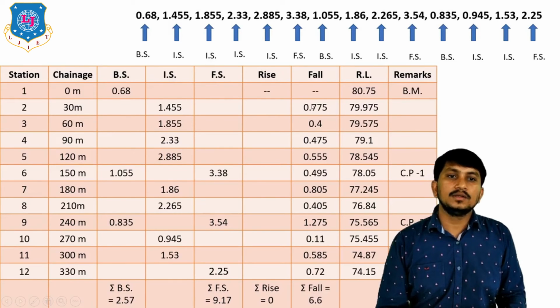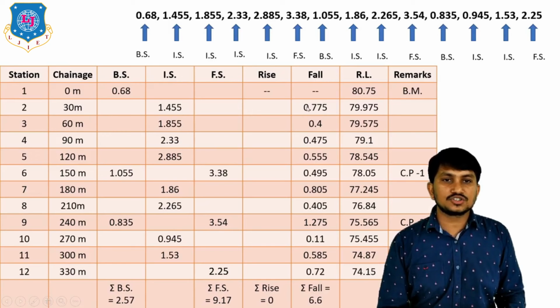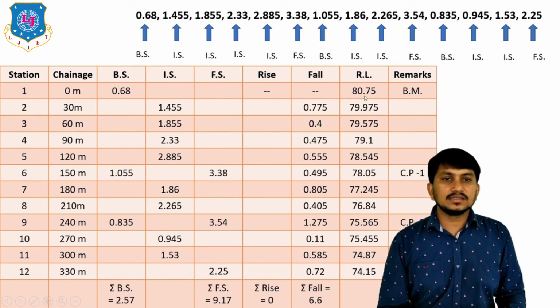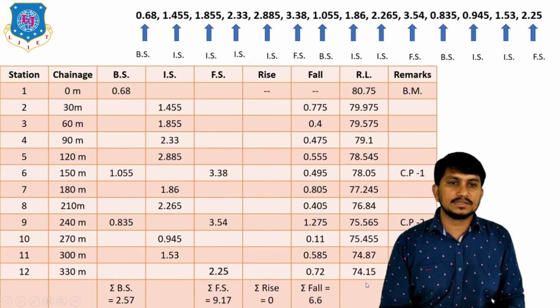Here there is a fall, so we deduct this fall value from the preceding RL. So 80.75 minus 0.775 gives 79.975. In the third station, there is also a fall, so it is deducted from the preceding RL. 79.975 minus 0.4 gives 79.575. This is how we can calculate the RL of all points.